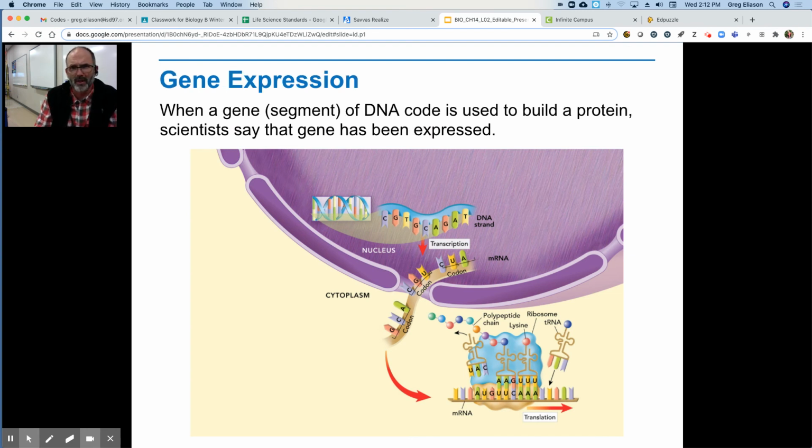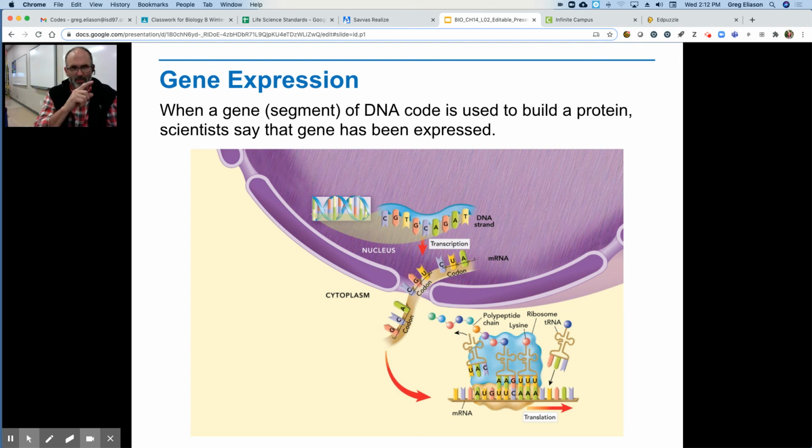When a gene of DNA code is used to build a protein, we say that that gene has been expressed. So gene expression. Proteins are made, and we have a lot of proteins in our body. They're big, complex. Those peptide chains have multiple charges on them and shapes, and they form a three-dimensional structure that forms a specific function, such as lactase.